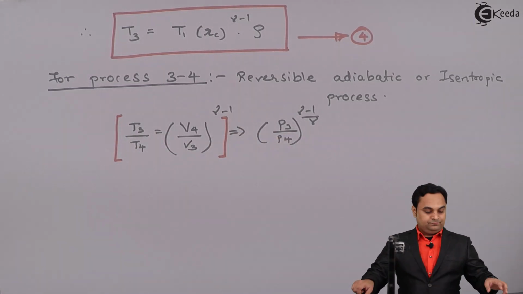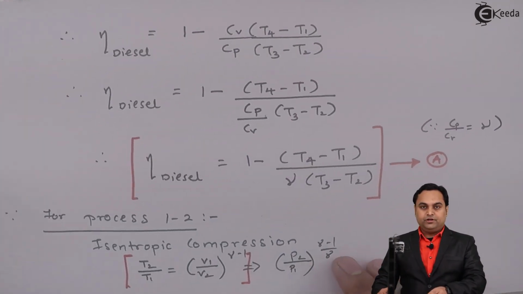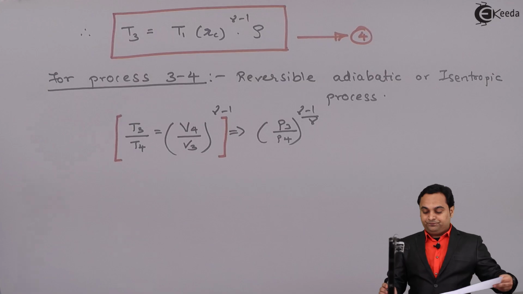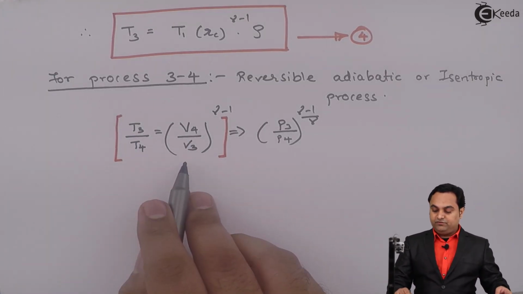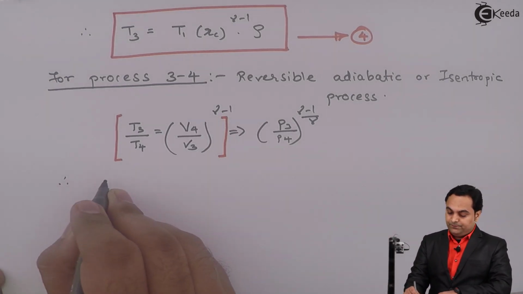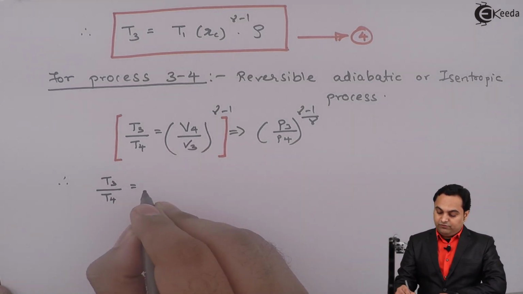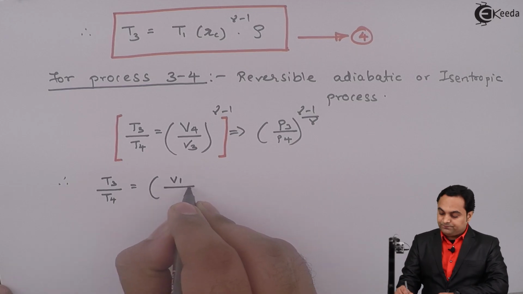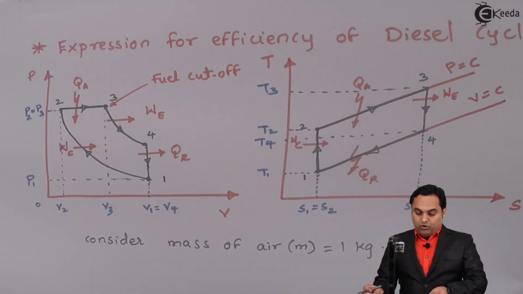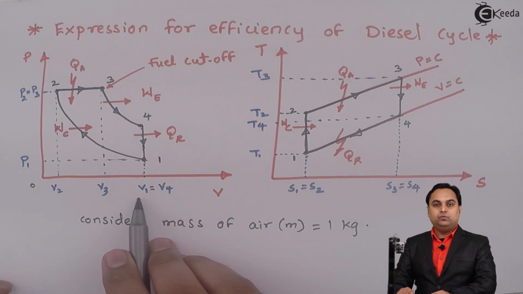As previously I have written, for the compression process it was T2 by T1 is equal to V1 by V2. Here I am writing T3 by T4 is equal to V4 by V3 raised to gamma minus 1. Next, therefore T3 by T4 will be equal to, instead of V4 I'll write V1, because as we see, volume at point number 1 and volume at point 4 are both the same, so I am replacing V4 with V1.